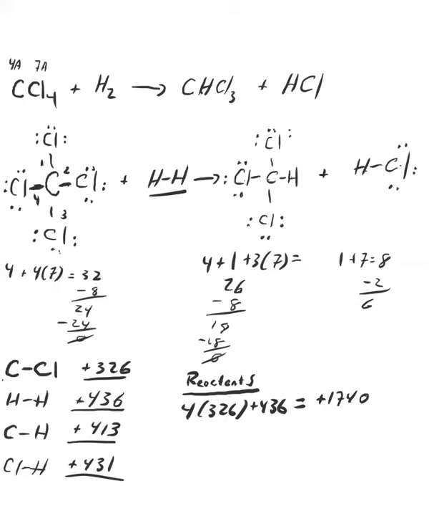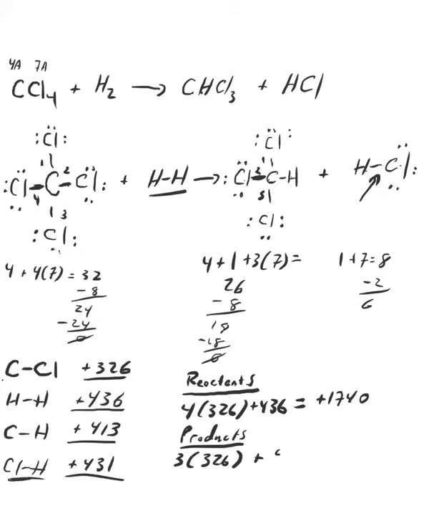Okay, then you do your products. Products, we have CCl. Well, we already did CCl. How many of them are there, though? There's 1, 2, 3. There's only 3 of them. So 3 times 326. And then you got an HCl, or ClH, right there.